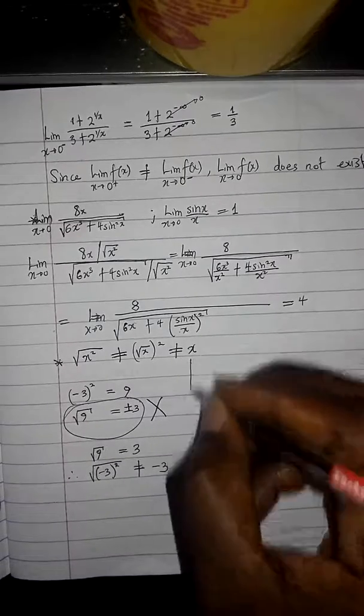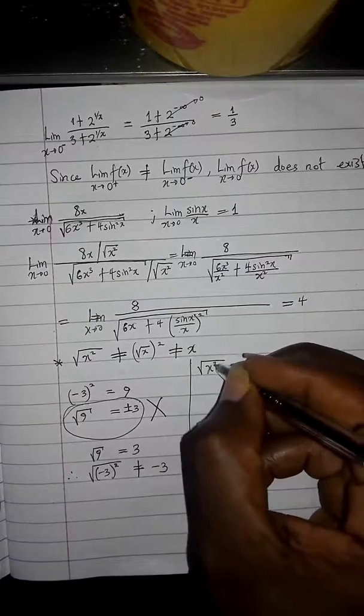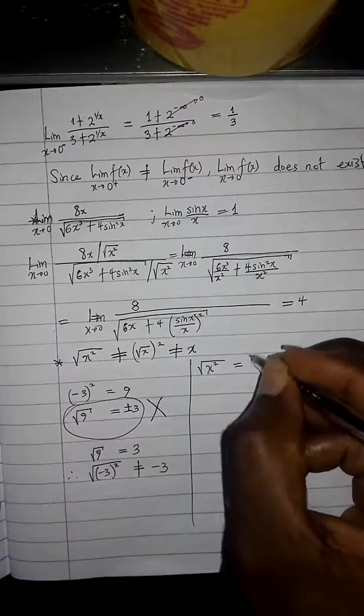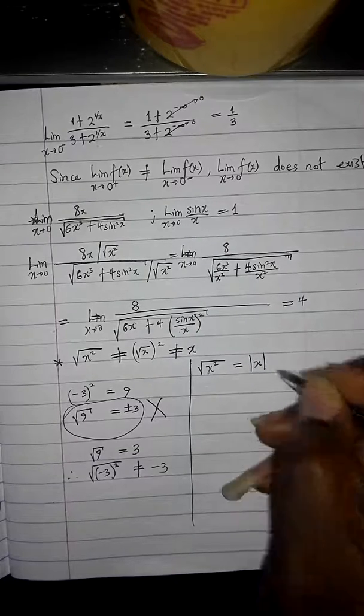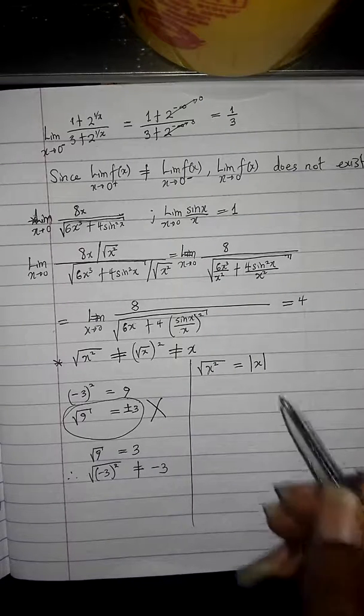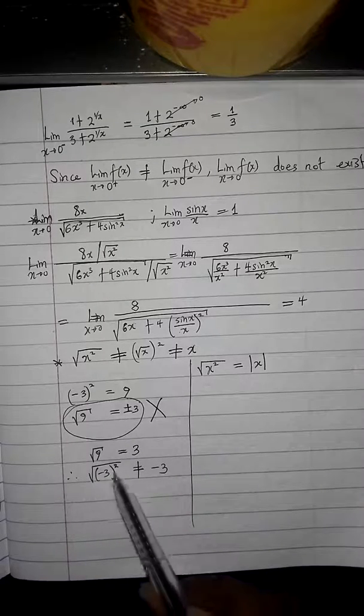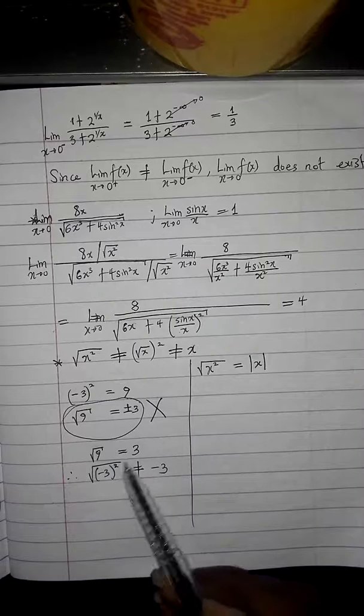The proper thing, which we talked about in the last class, is that the square root of x squared is equal to the modulus of x. We've talked about the modulus function when we dealt with piecewise functions in the past. If you still don't understand what this means, you can revise that video. As you can see, the square root of minus 3 all squared is simply 3.